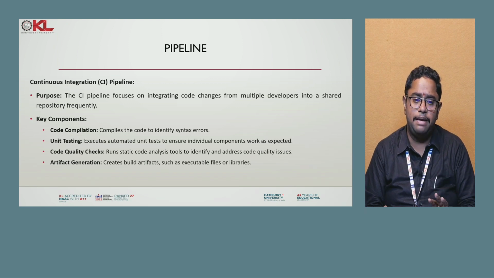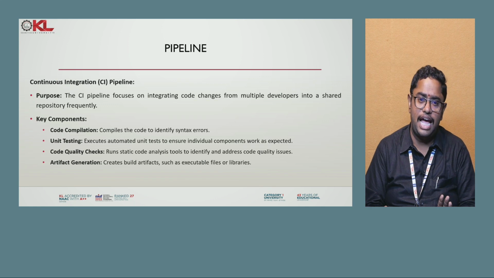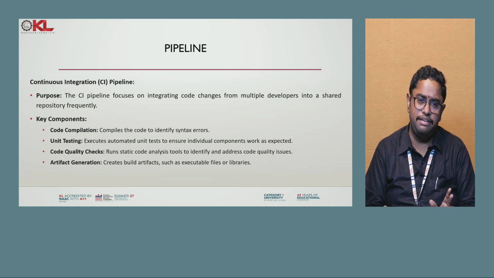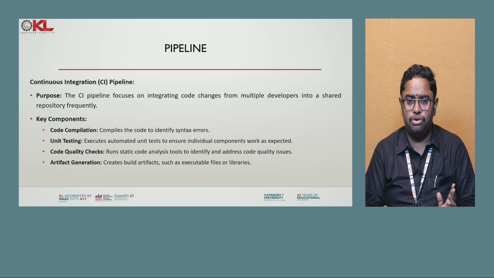In this pipeline, the CI principles that are handled are code compilation, unit testing, quality checks, and artifact generation. Compilation verifies whether the code has any syntax errors or not.